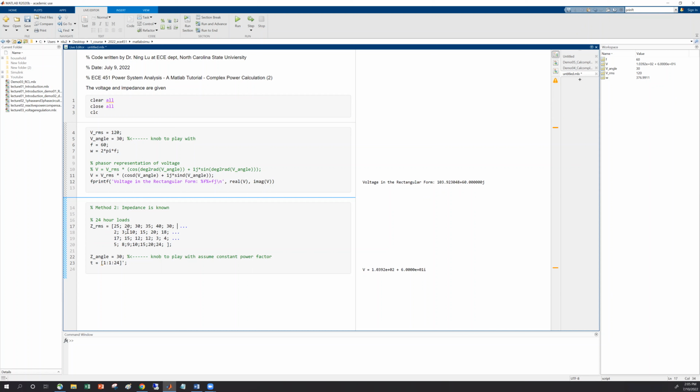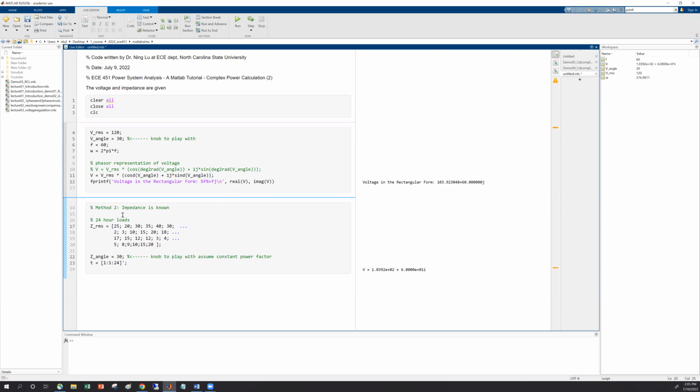And this is 1, 2, 3, 4, 5, 6, so this will be from 7 to 12. Then 1, 2, 3, 4, 5, 6, so this would be from 1 o'clock to 6 p.m. And then 1, 2, 3, 4, 5, 6, 7, so this would be from 7 o'clock to midnight. So we can pick a 24-hour load so we can compute for 24 currents.